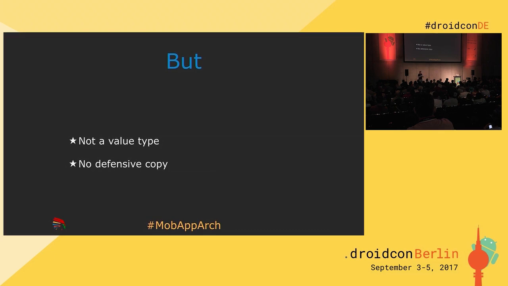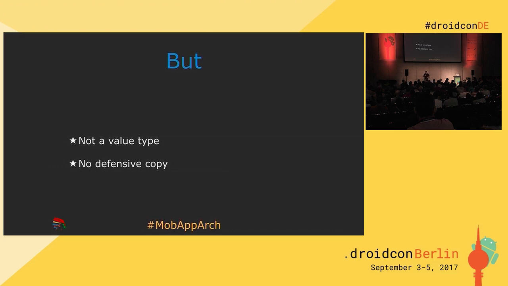So imagine that you have a date as one of the fields of your POJO. If I get the date as a reference, and that object, the reference that was created outside of my constructor, is modified because I'm pointing to the same reference, my actual value of the date will be changed.